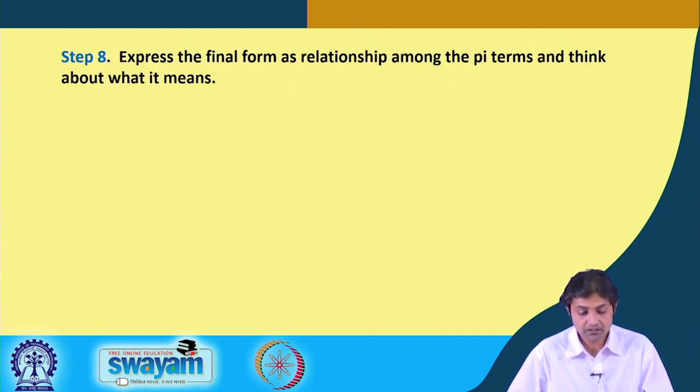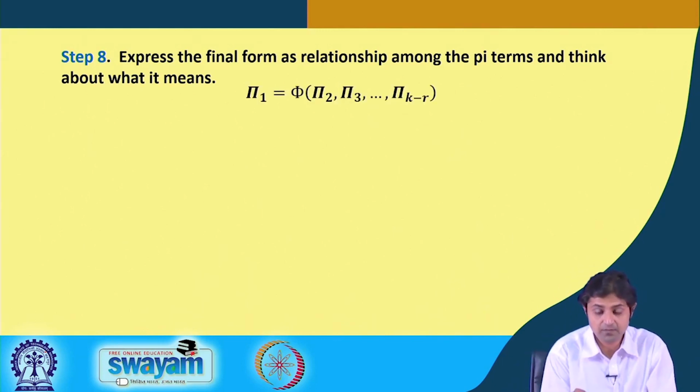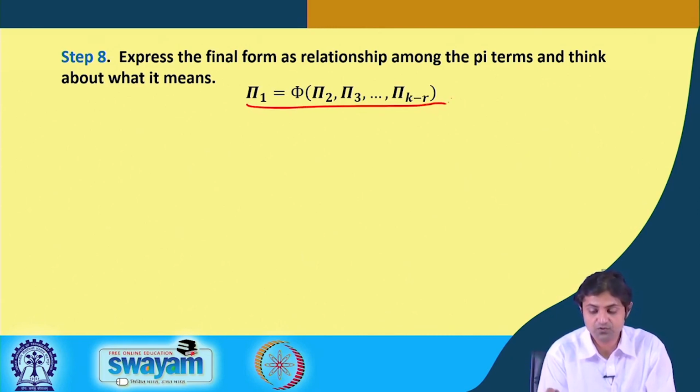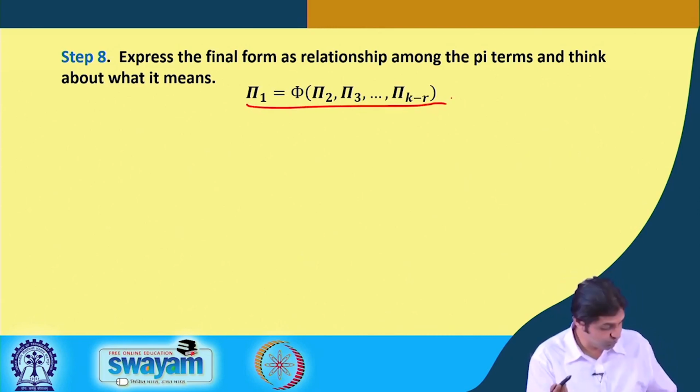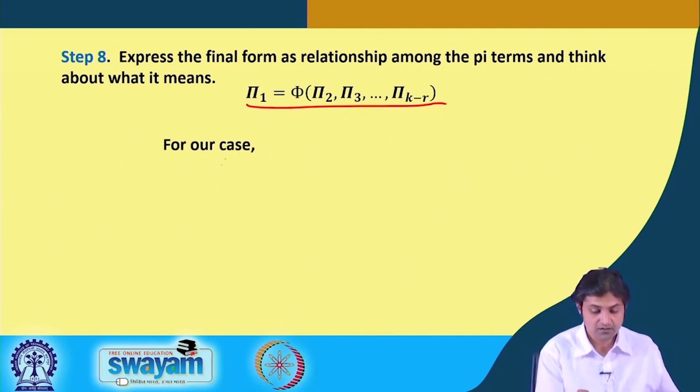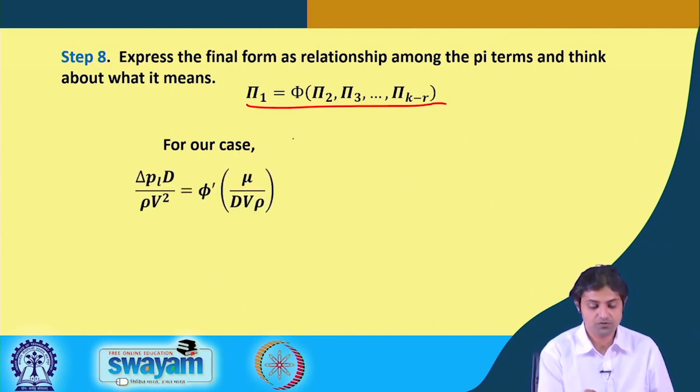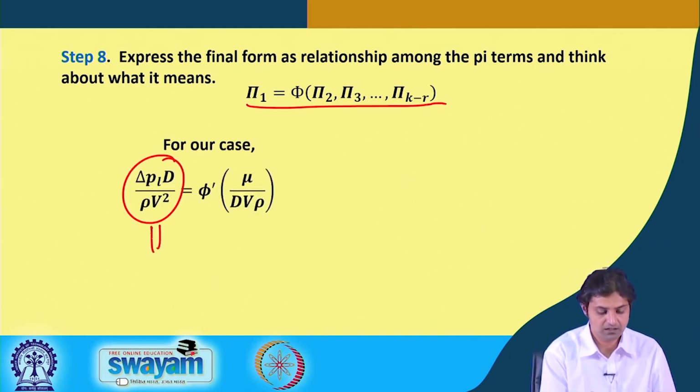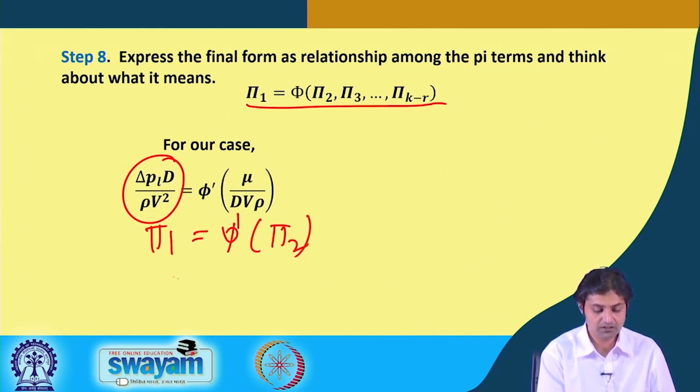Now, in the end, express the final form as a relationship among the pi terms and think about what it means. So, the final step is pi 1 is a function of pi 2, pi 3. Here we have only 2, so we can simply write pi 1 is a function of pi 2.